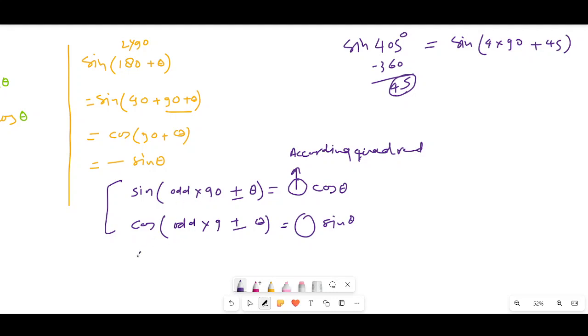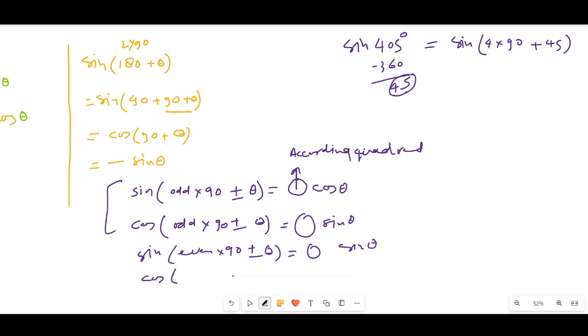If you write it for even, then we use an even number, 90 plus or minus theta, and it will be the same function, sine, but the sign according to the quadrant. For cos as well, the same thing, and here it will be cos theta.